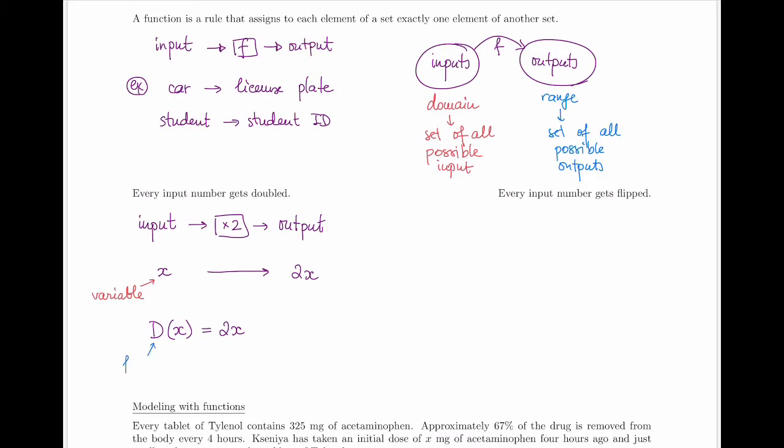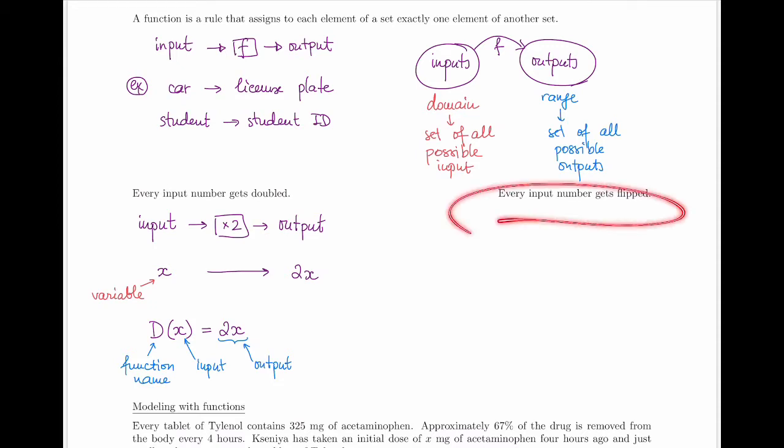This D represents the function name. You can pick a name for your function, much like you would pick a name for your child. This x inside represents the input, and this 2x here represents the function output. Okay? This is what we call function notation.